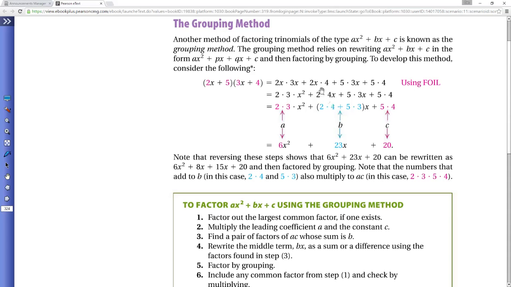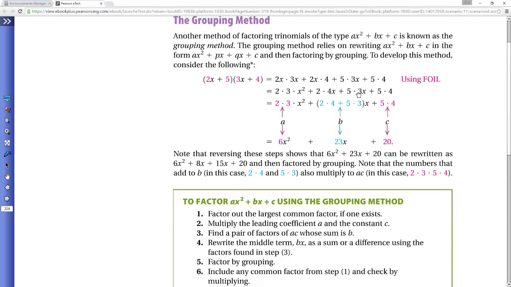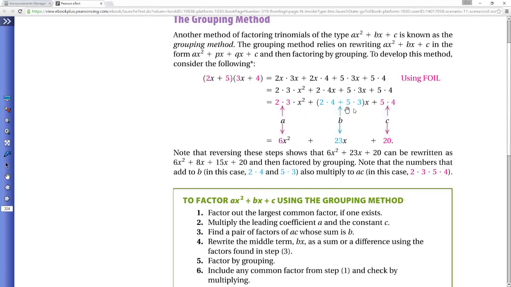And let's look at this again. So they change the order of this to be 2 times 4x rather than 2x times 4, right? And 5 times 3x. So they take it out in a way that hopefully you can recognize that I have a grouping that happens in here of pulling out a common factor of 3x plus 4.